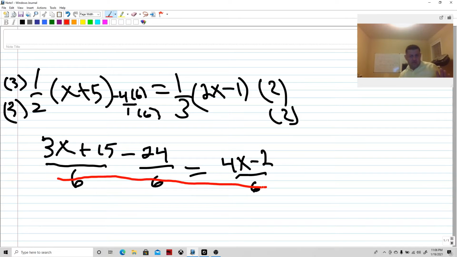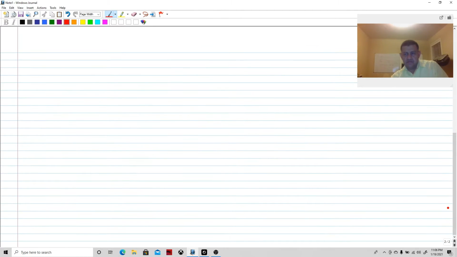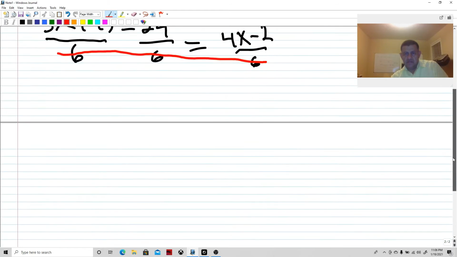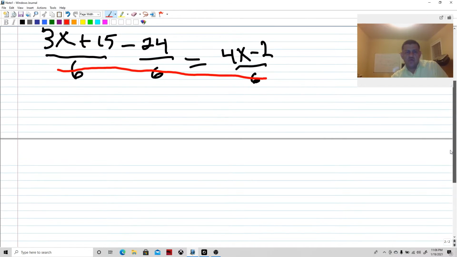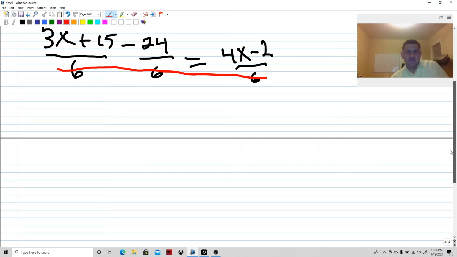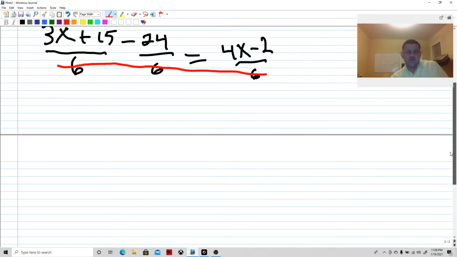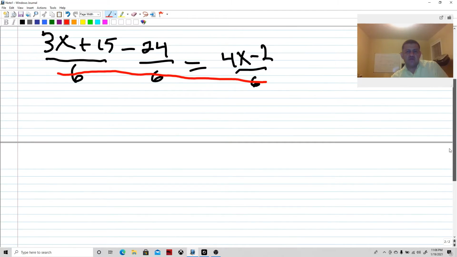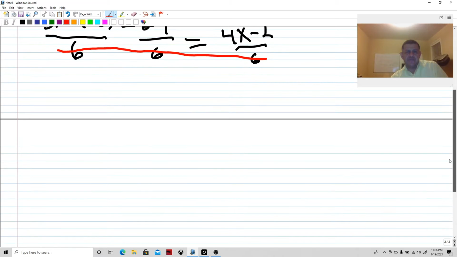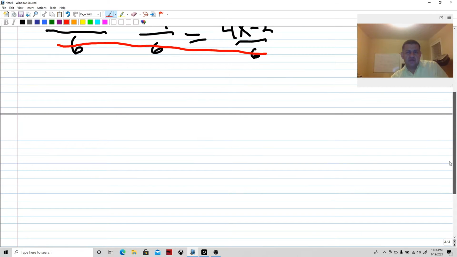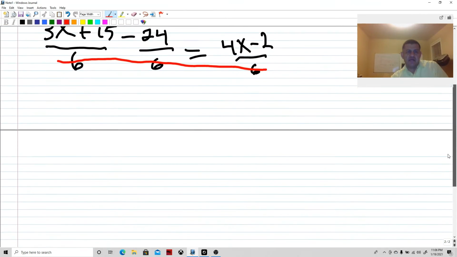Now we write just the numerator: 3x plus 15 minus 24 equals 4x minus 2.